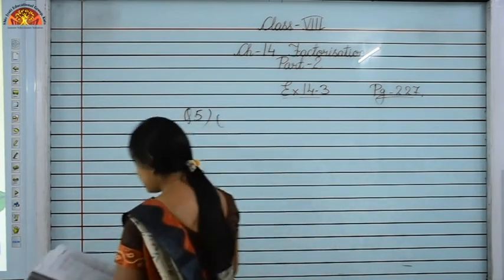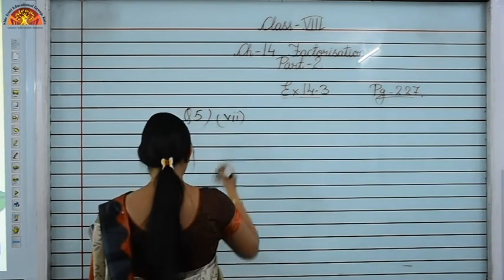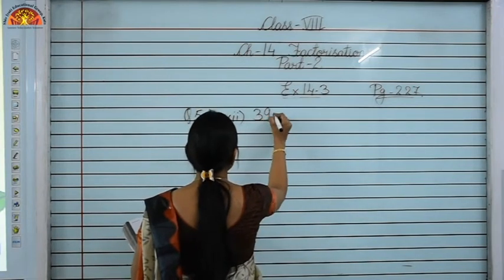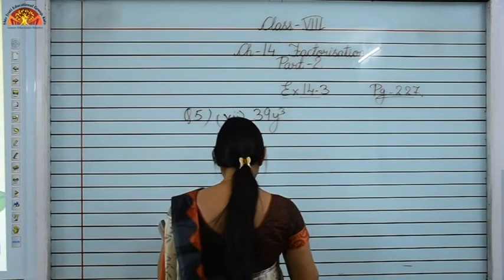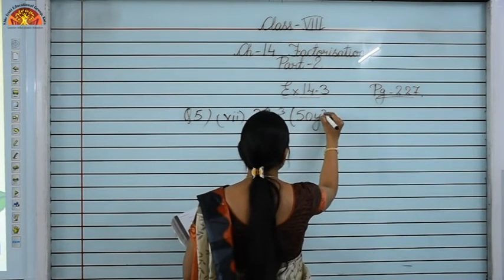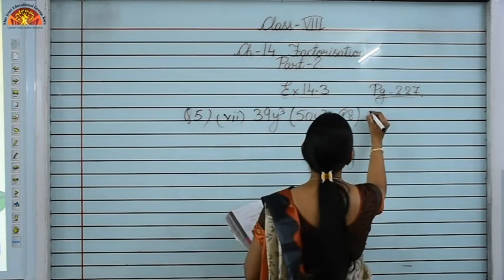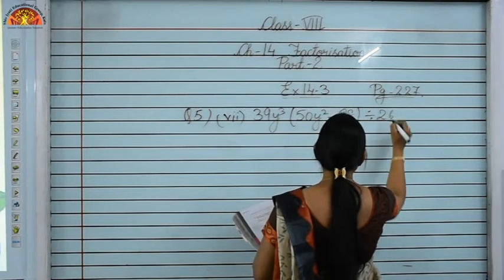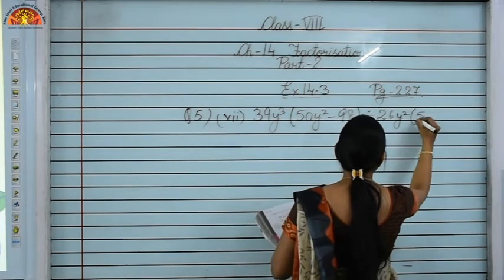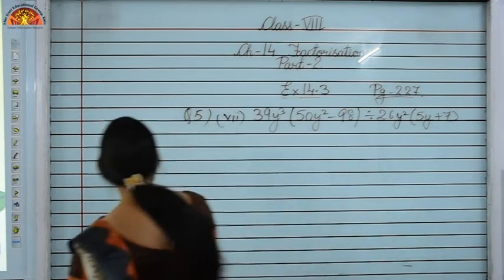Now just see the last part. That is question number 5, seventh part. It is given (39y cube into 50y square minus 98) divided by 26y square into (5y plus 7).